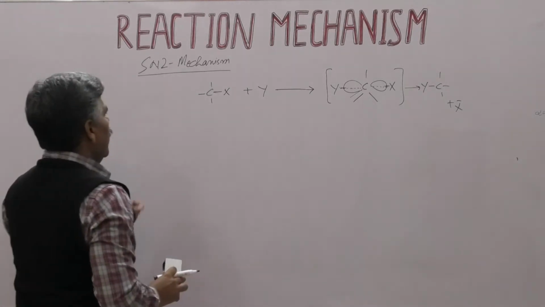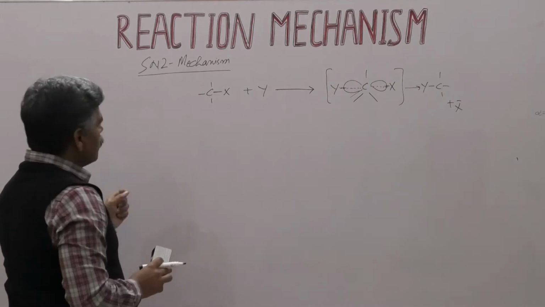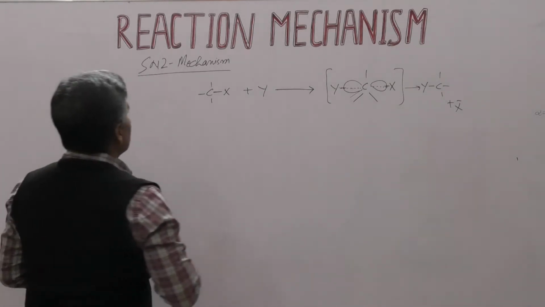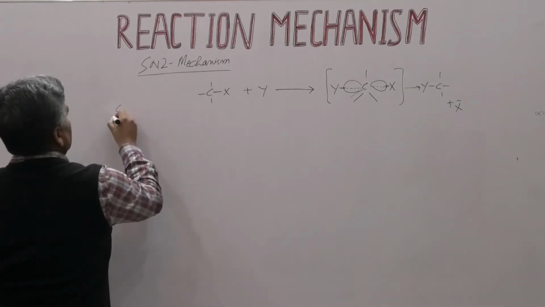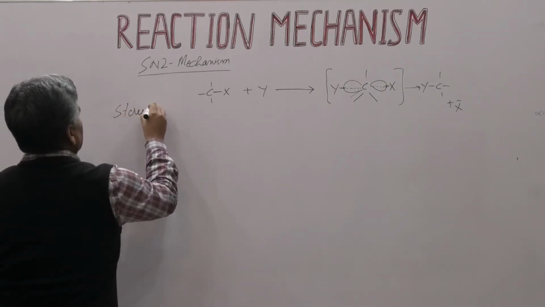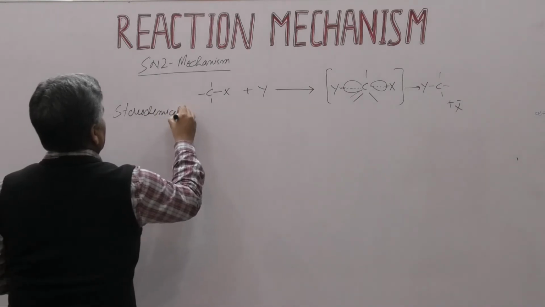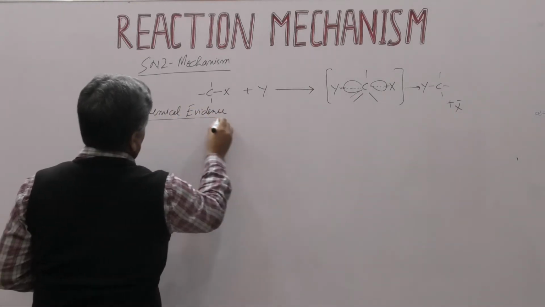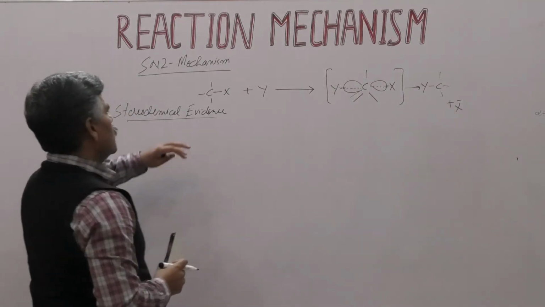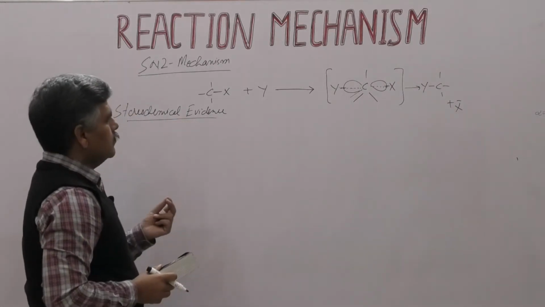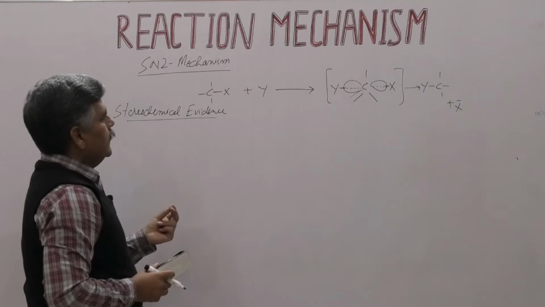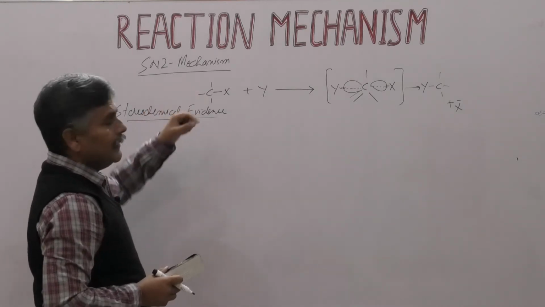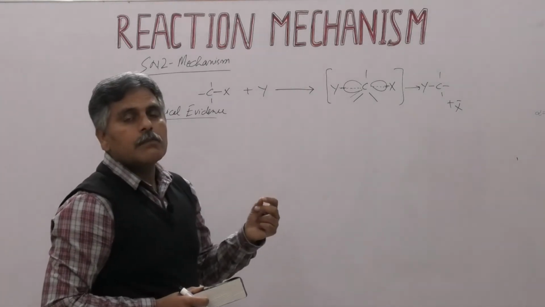SN2 mechanism. Another most important evidence for this SN2 mechanism is the stereochemical evidence. So suppose in this nucleophilic substitution reaction, the carbon at which the nucleophile attacks is a chiral carbon.